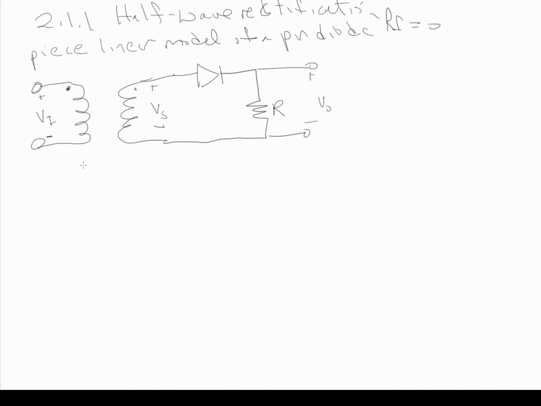Okay, and then if you want to calculate what the decrease in voltage will be, you use this formula, VI over VS equals N1 over N2, where this is the number of turns in the input coil, and this is the number of turns in the output coil. This ratio N1 over N2 is called the turns ratio.